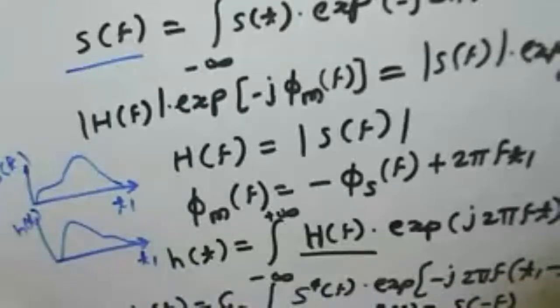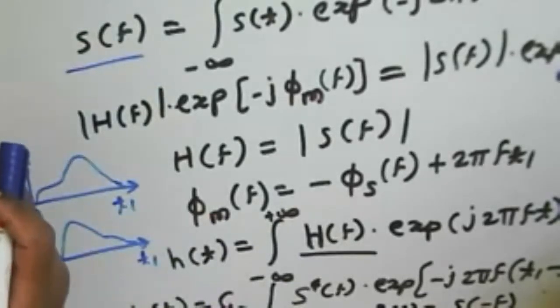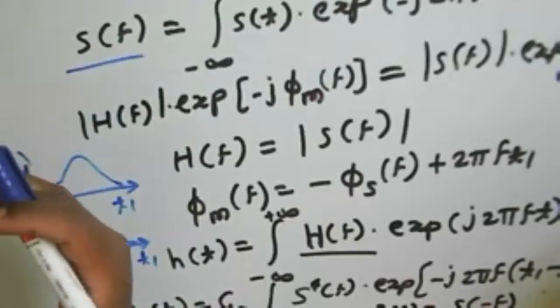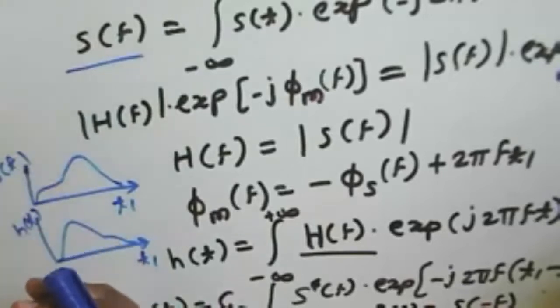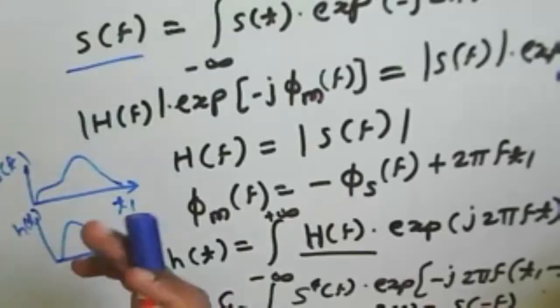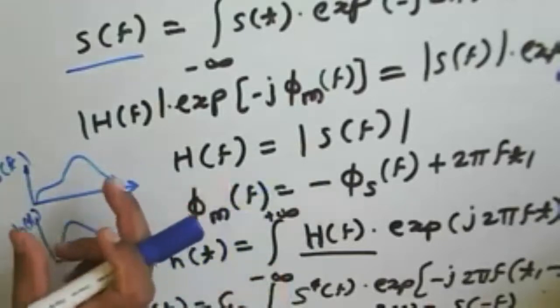So we can consider here the condition for increasing the signal to noise ratio. We need to find out what particular function is to be used, or rather we need to consider the impulse response function.